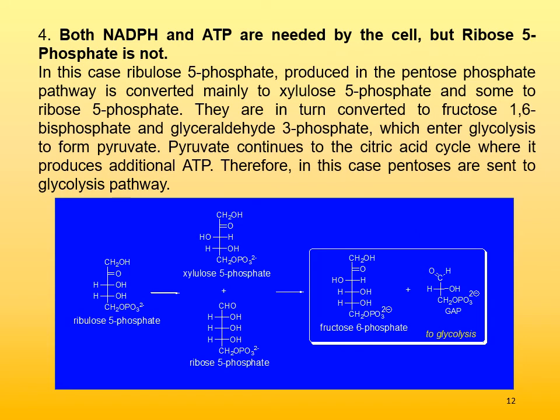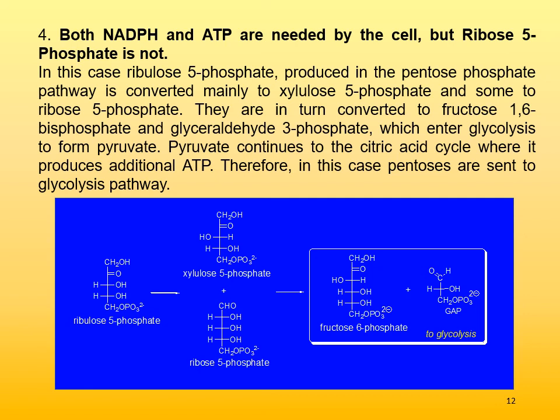In the fourth, final case, both NADPH and ATP are needed by the cell, but ribose 5-phosphate is not. If that is the case, ribulose 5-phosphate produced in the pentose phosphate pathway is converted mainly to xylulose 5-phosphate and to a lesser extent to ribose 5-phosphate. Then those 2 pentoses in a series of reactions catalyzed again by transaldolases and transketolases are converted to fructose 1,6-bisphosphate and glyceraldehyde 3-phosphate.